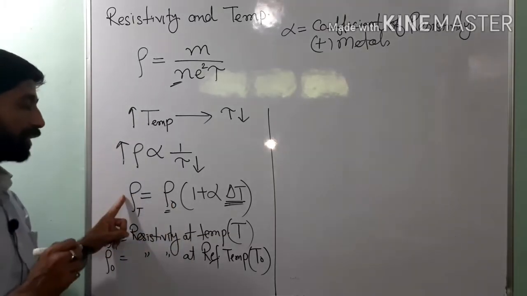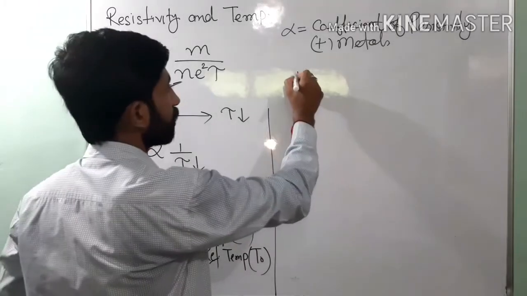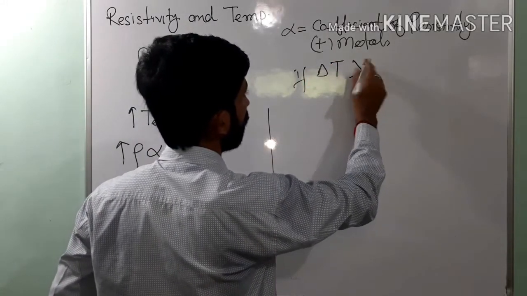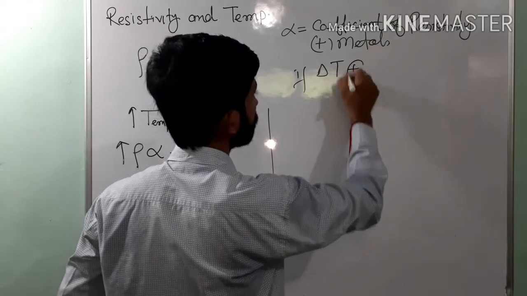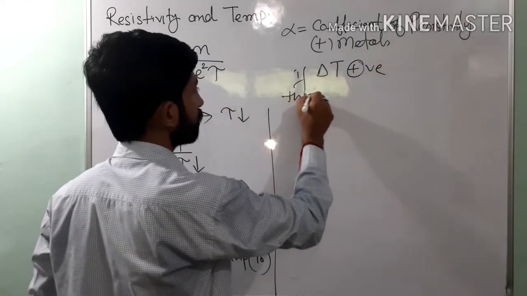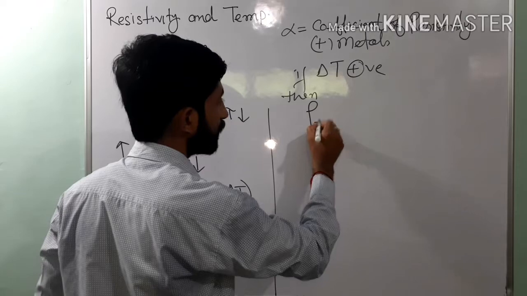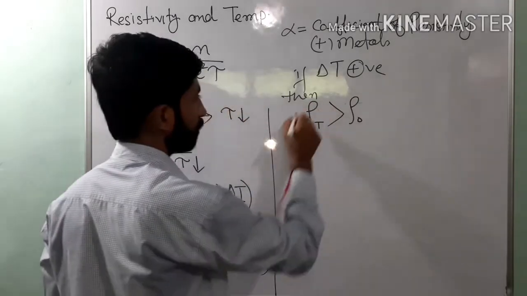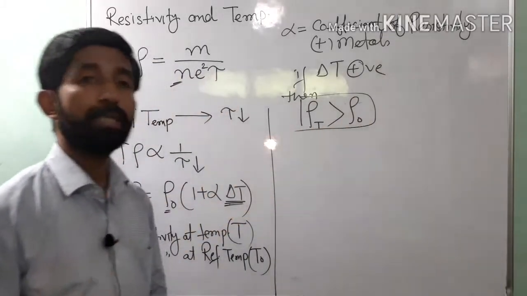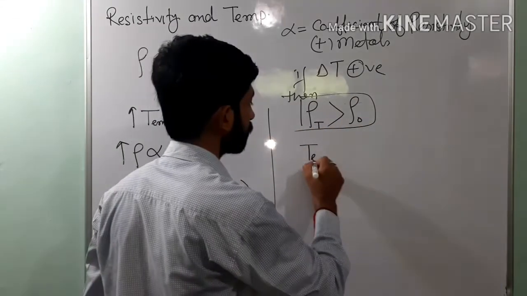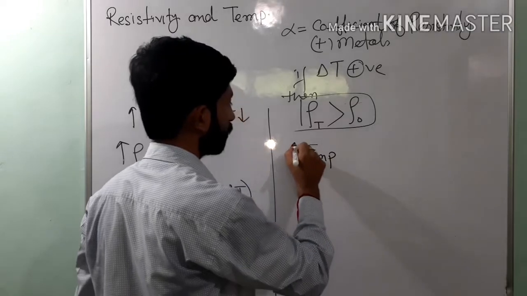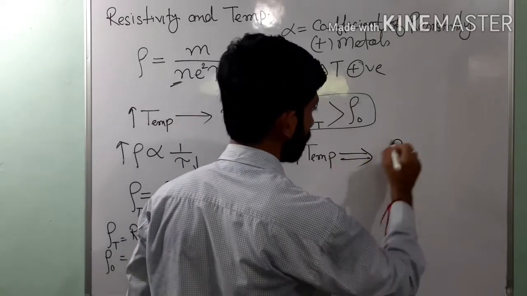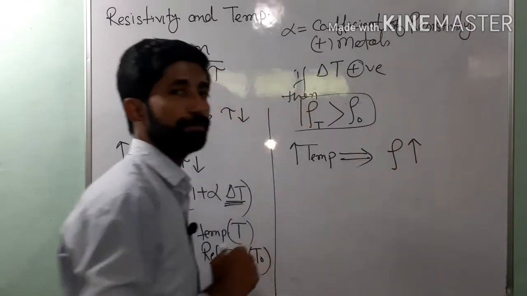That is, rho T is greater. So if delta T is positive, then rho T is more than rho naught. This means as the temperature increases, the direct impact on resistivity is that resistivity increases.